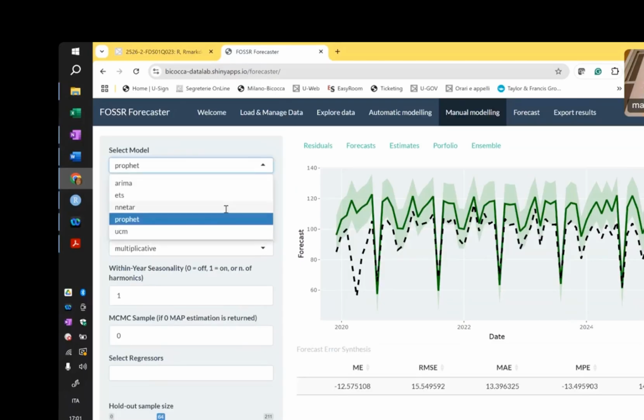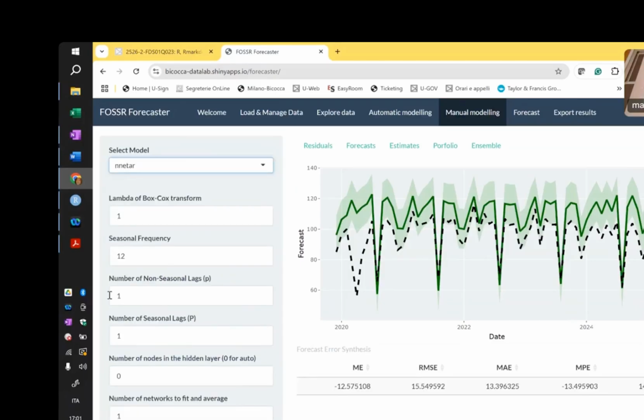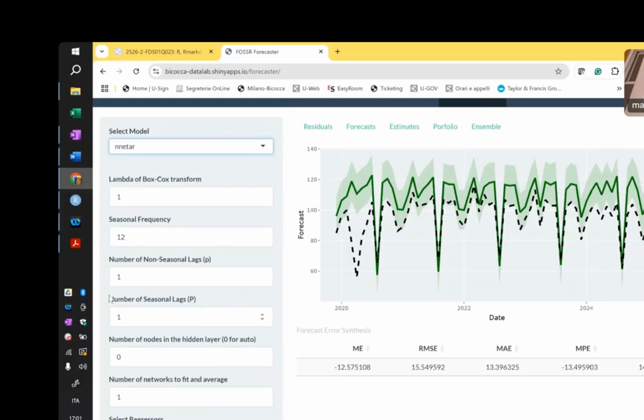Neural network, this is like an autoregressive model. It will be a non-linear autoregressive model. We will talk about these methods later. You can think of it as autoregressive models, but not linear in the past. And we can also apply some transformation.